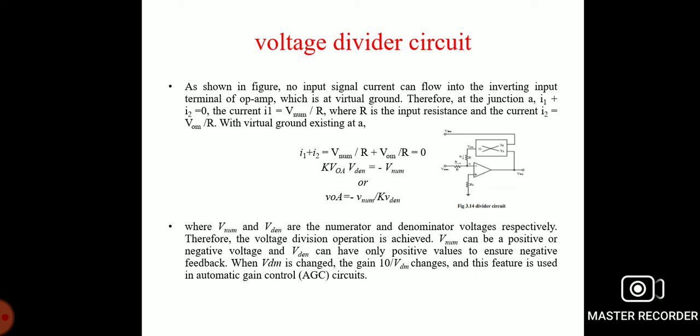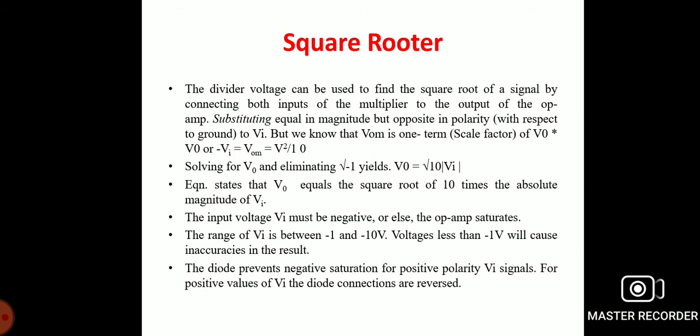And then another application of the AD633 analog multiplier IC is the square rooter. The divider circuit can be used to find the square root of a signal by connecting both inputs of the multiplier to the output of the op-amp, with equal magnitude but opposite polarity with respect to ground.